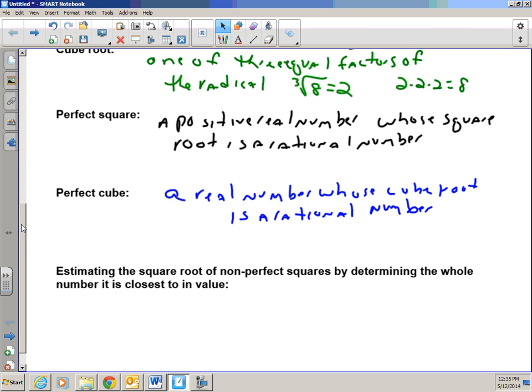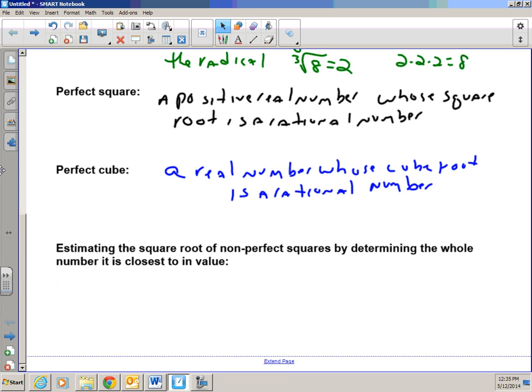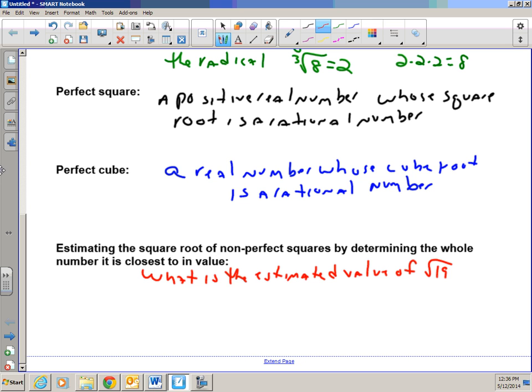Now, for today, what we're going to do is come up with the closest whole number to our roots. And as we go along over the next couple of lessons, we're going to fine-tune this to get even closer. So, for example, what is the estimated value of radical 19?